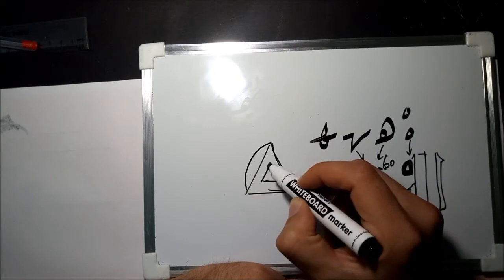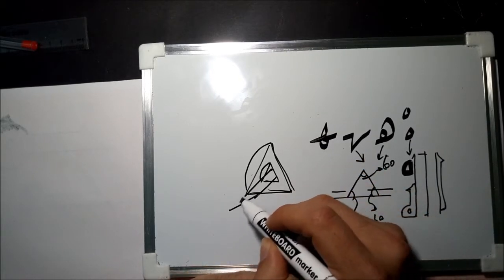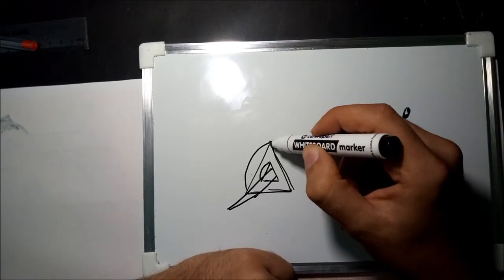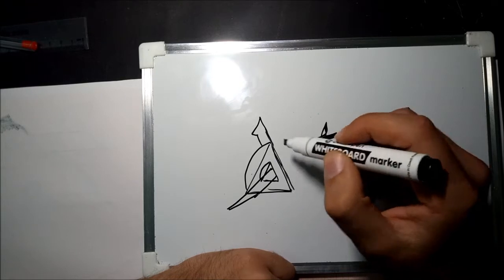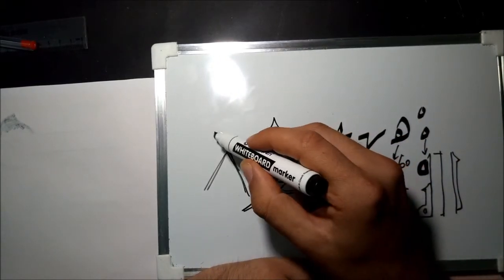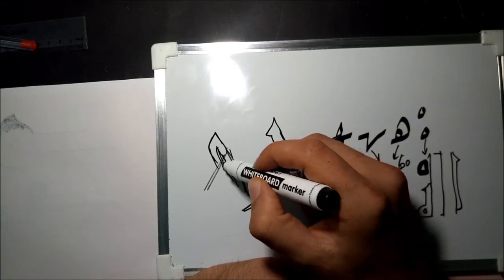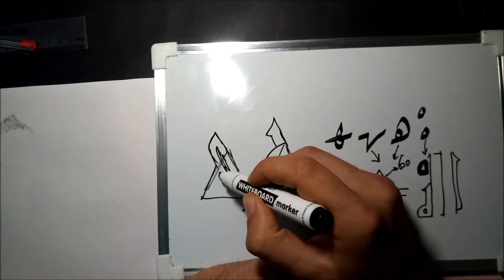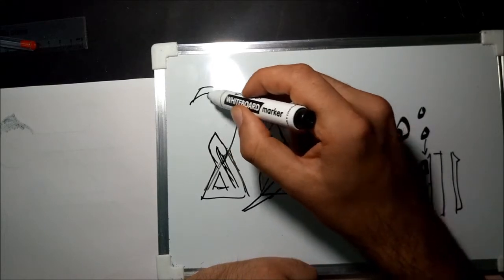Some of them look like this, with a decorative move down here, and this will continue. Sometimes they change into what looks like a ya, which will help us with the ya, and this one would go up over here.